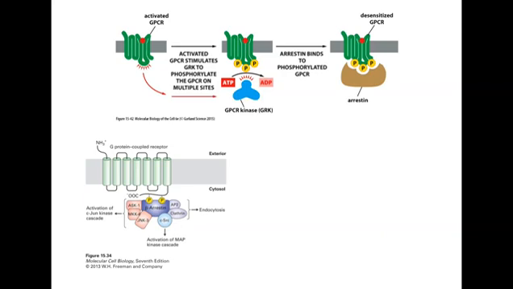And also protein kinase C can do that. So you end up with potentially an arrangement of phosphorylated residues here, and that serves as the recruitment signal for another protein that binds to that region called arrestin. It's also called beta-arrestin. I'll get to that in a minute.